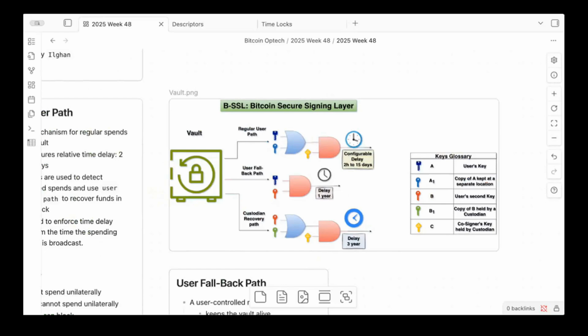So if you lose access to your key at this location, you can go and retrieve the same key at a different location. And similarly, B is your second key, but you have also given the second key to a custodian. So that's the idea behind this copy. It's essentially the same key. Okay, right.